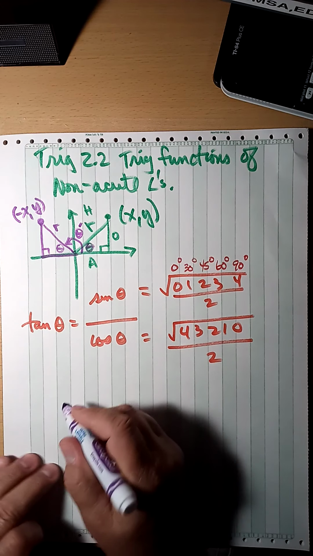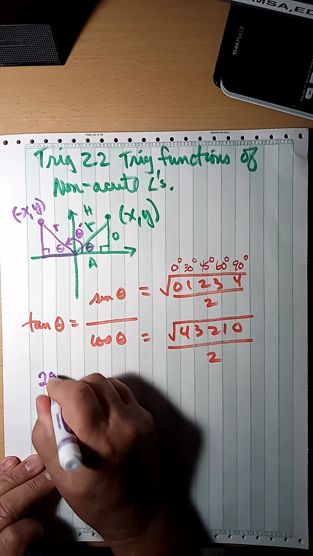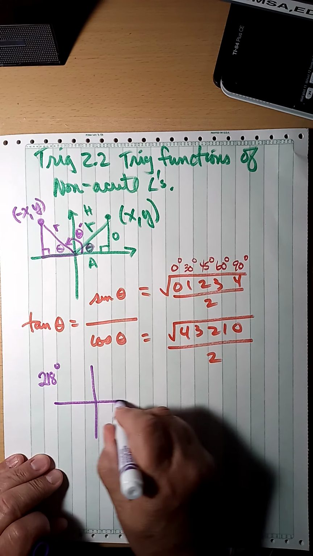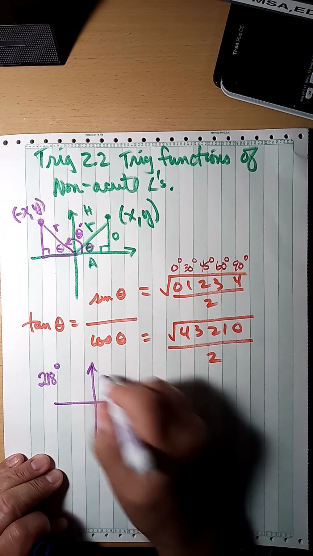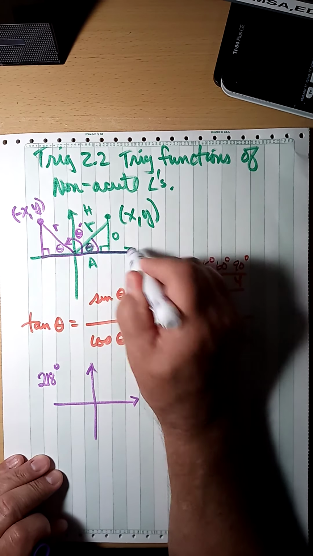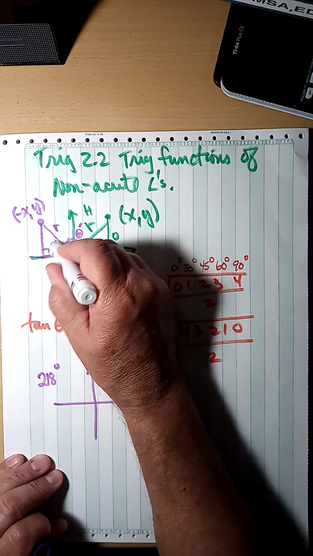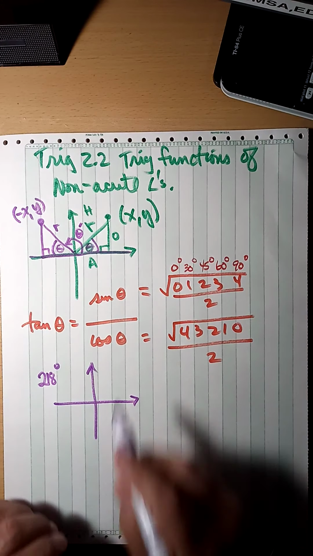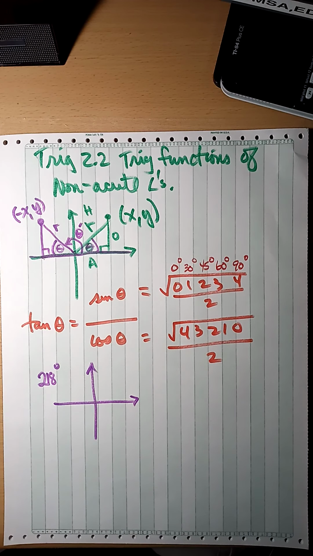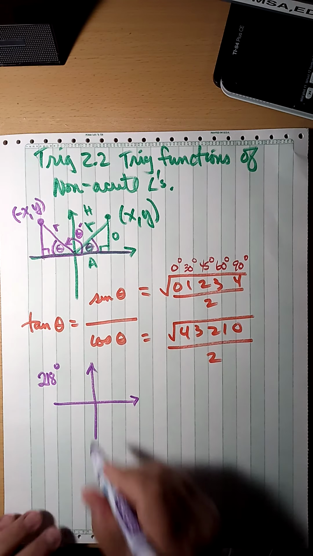If we look at 218 degrees, what is the reference angle for 218 degrees? Well, notice we're always measuring between the x-axis and that terminal side. It doesn't matter if it's the positive x-axis or negative x-axis. Where's 218 degrees?